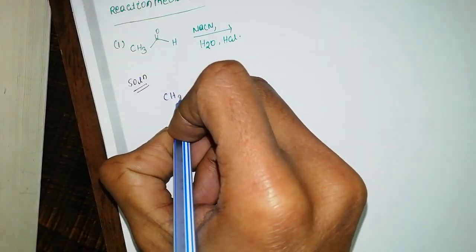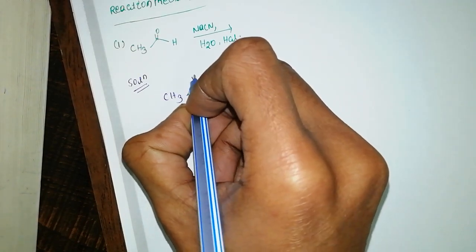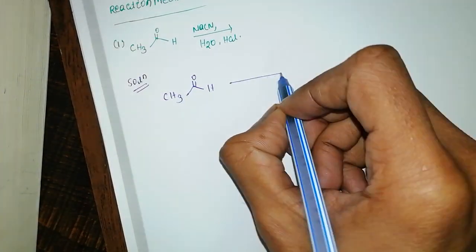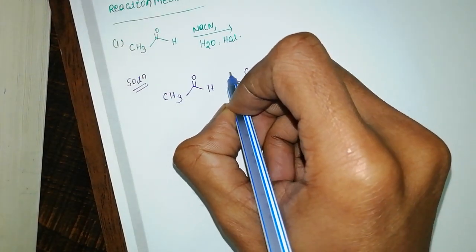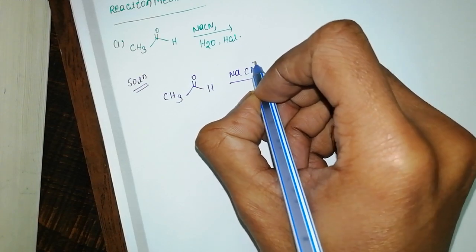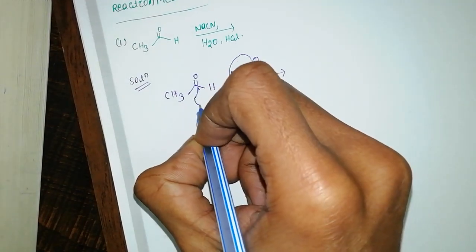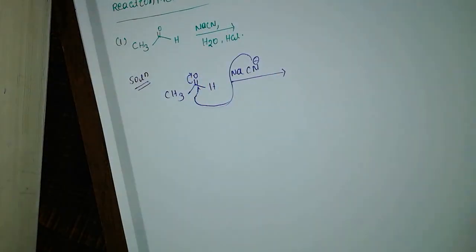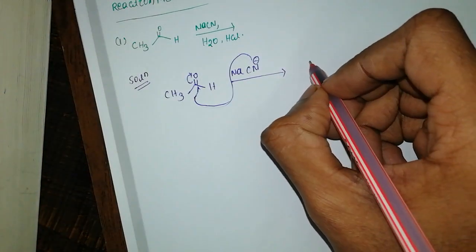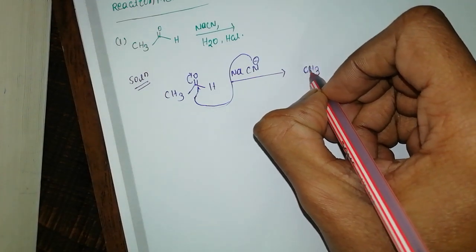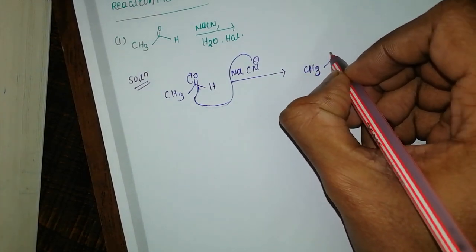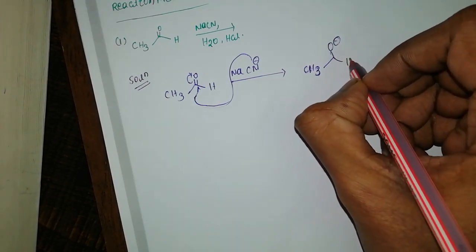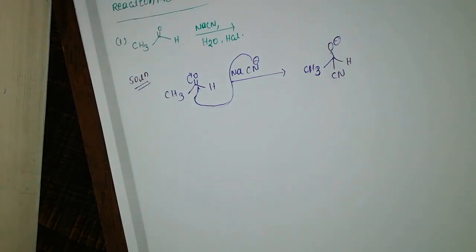So first of all, when it reacts at this position, then this becomes, okay, this is called the tetrahedral intermediate, which is well known: tetrahedral intermediates are unstable.